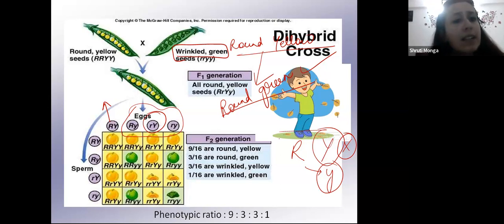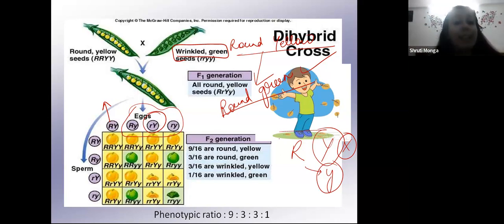Same with wrinkled seeds. In the F1 generation, wrinkled used to always stay with green color. But in the F2 generation, what did we see? The wrinkled went with yellow color also. That is why the seed became wrinkled yellow. That means it's independent. These are independently assorting.